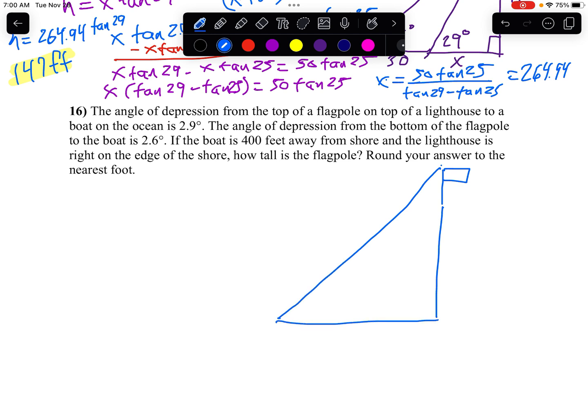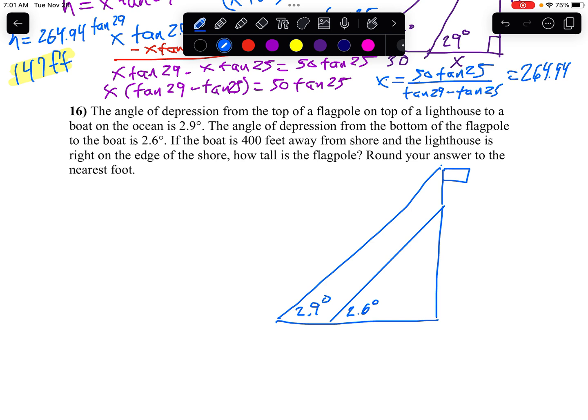So my angle of depression is actually right here at 2.9 degrees. It says the angle of depression from the bottom of the flagpole is 2.6 degrees. And then if the boat is 400 feet away from the shore and the lighthouse is on the right edge of the shore, how tall is the flagpole?